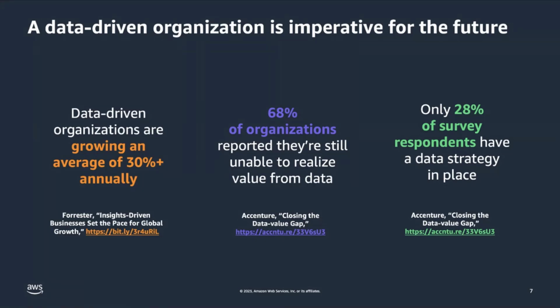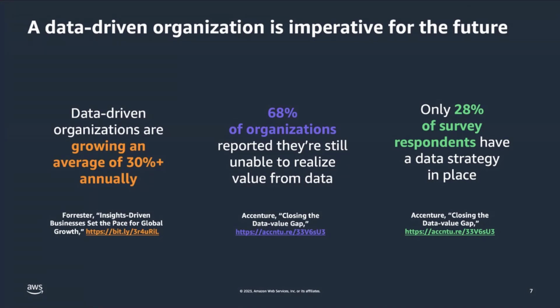Looking at a couple of industry reports, it's now been predicted and stated that data-driven organizations are growing on average 30% annually. But also 68% of organizations have reported that they're still unable to realize the value from that data. And then only 28% of survey participants actually have a data strategy in place.